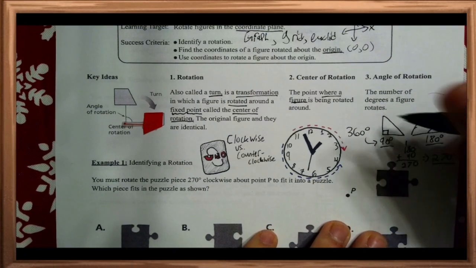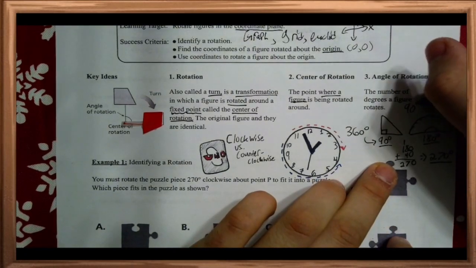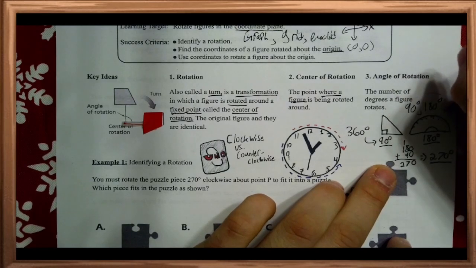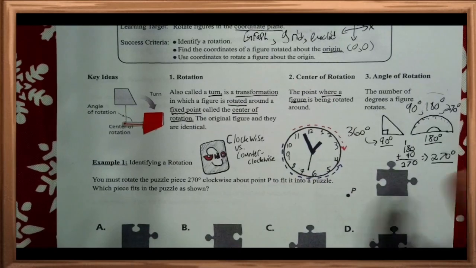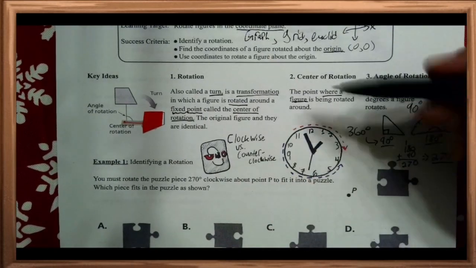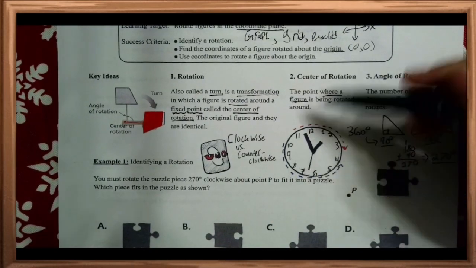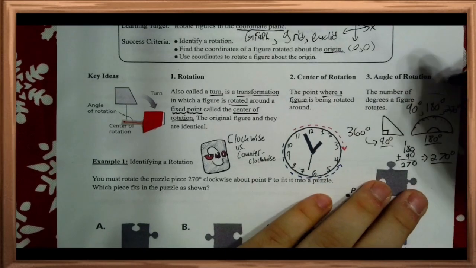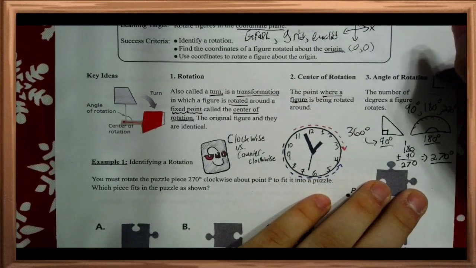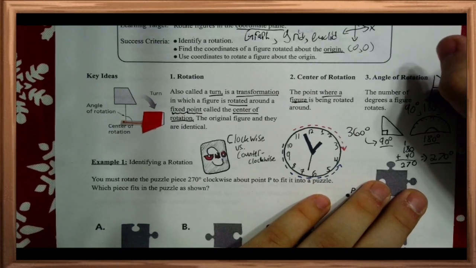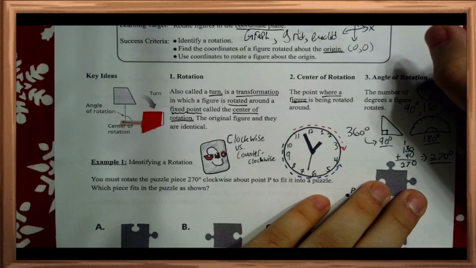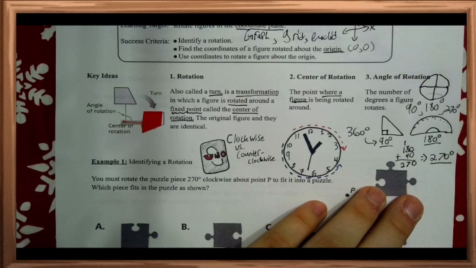And each of these, 90, 180, and 270 degrees, are all of the quarters of the clock, or of a circle. It goes from 90 to 180 to 270 to 360.